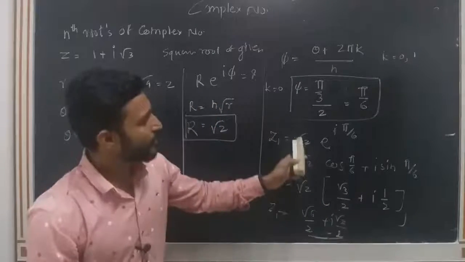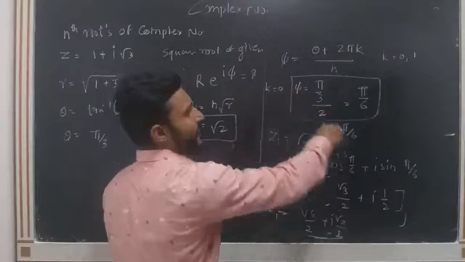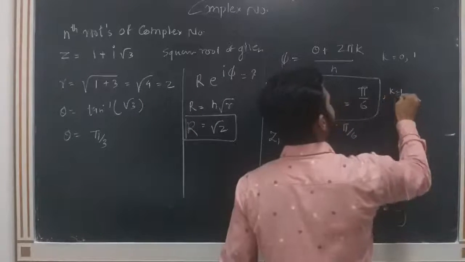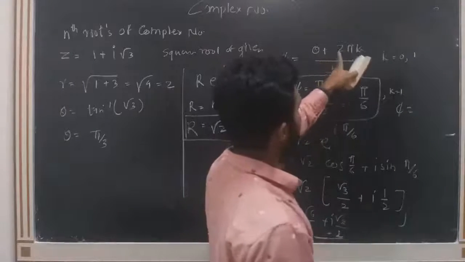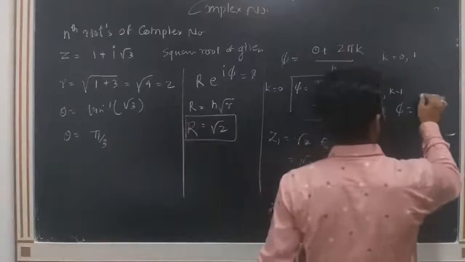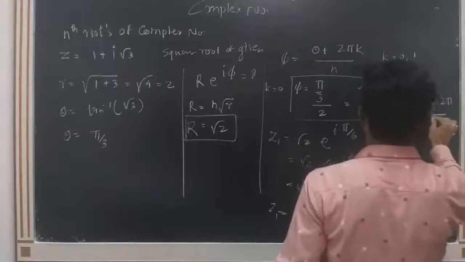Similarly, you can find out the second root for k is equal to 1. For k is equal to 1, you will get phi is equal to pi by 3 plus 2 pi by 3 plus 2 pi upon 2.